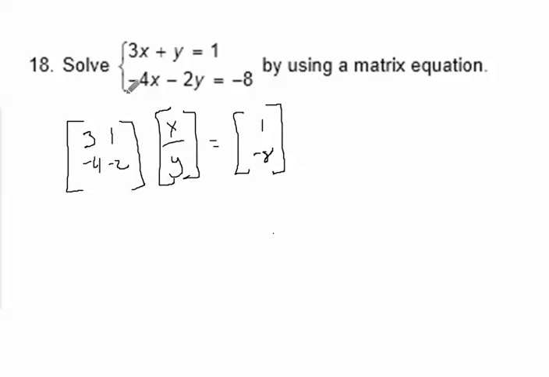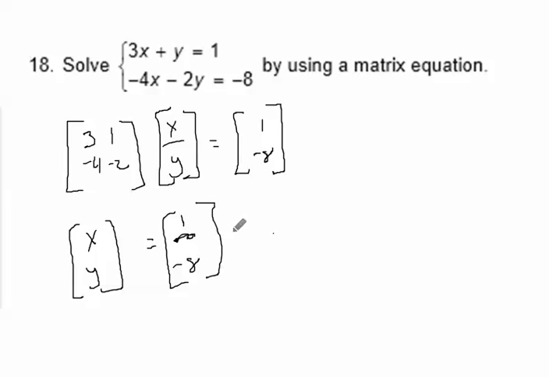That's what we're saying when we write this system of equations out like this. So you could take x, y to be equal to the matrix 1, negative 8 times the inverse of 3, 1, negative 4, 2.